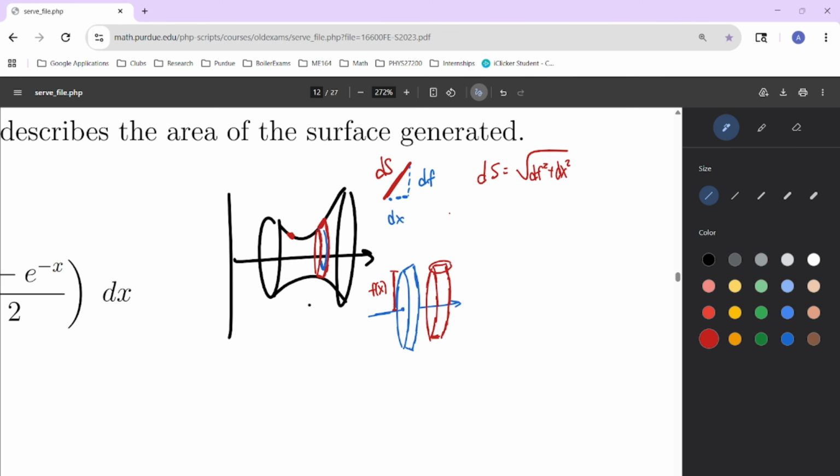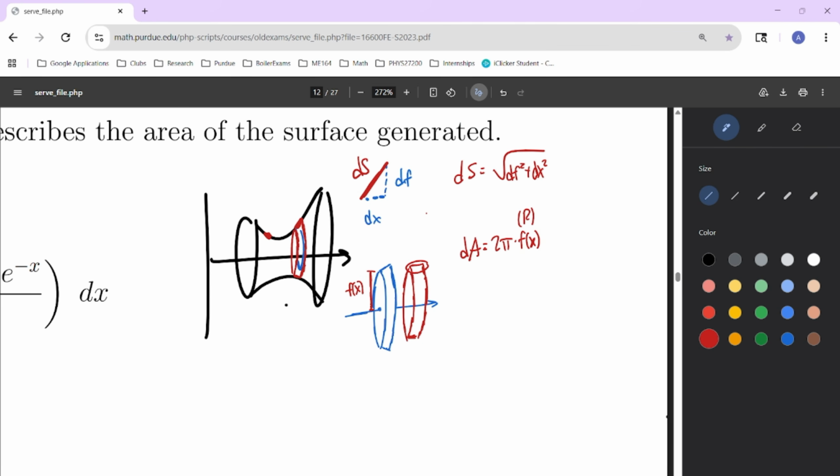That is the idea. Which means that the small amount of surface area of one of these cylindrical shells, dA, would be 2 pi r, or 2 pi times f of x. f of x substitutes for r in this case, the radius of this cylindrical shell, and then multiply that by ds, or the arc length.